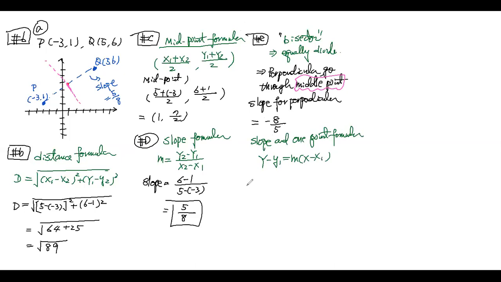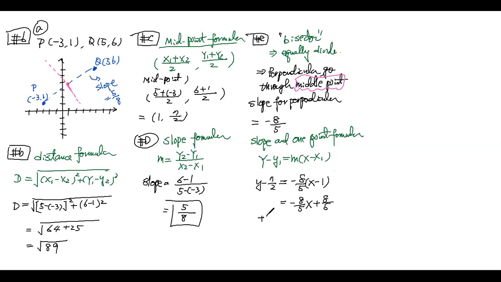Okay, so now let's substitute here. y minus y1 goes with the middle point, so it's y minus 7/2 is equal to negative 8/5 times x minus x1, so x minus 1 here. All right. Okay, so now you can simplify. This is negative 8/5, and the negative times negative is a plus 8/5.